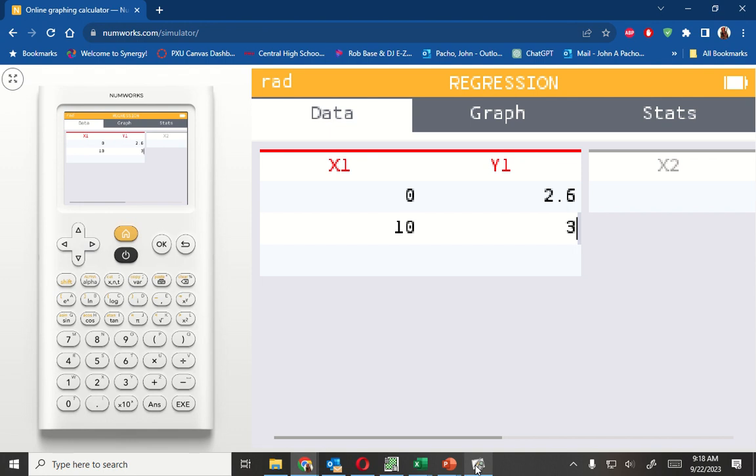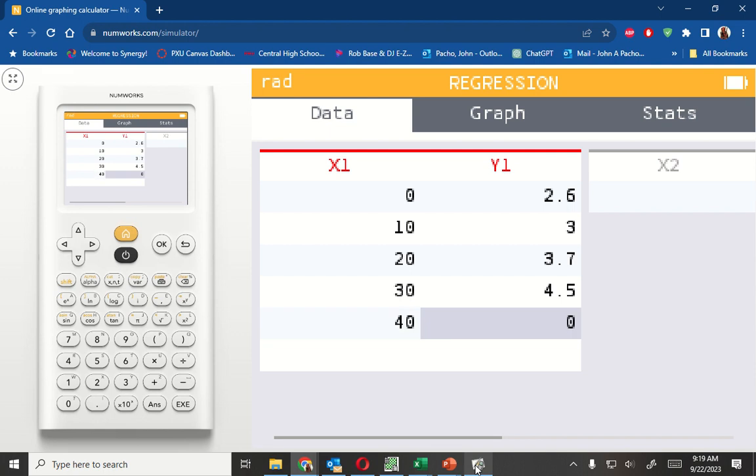And the next one's going to be 20. 20 years. And the Y value was 3.7. Next, 30 years. It was 4.5. Next one is 40 years. 5.3.